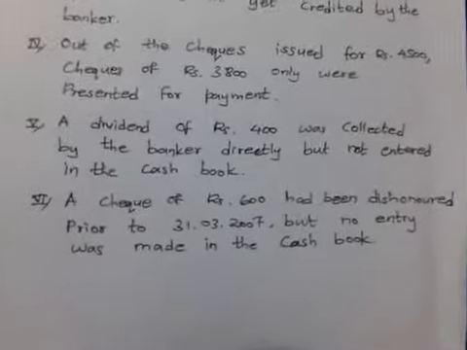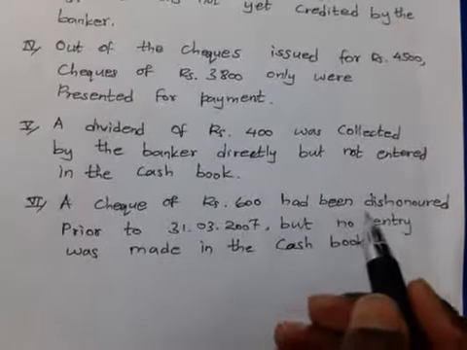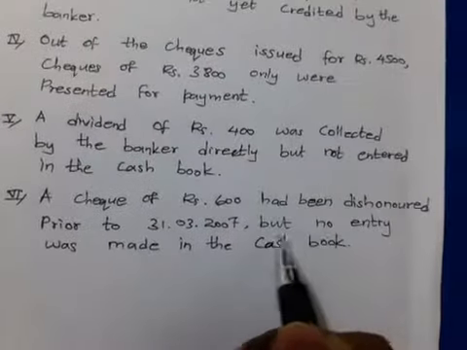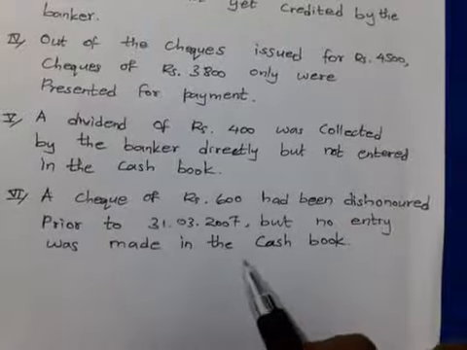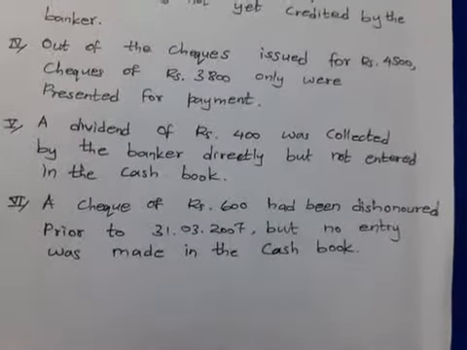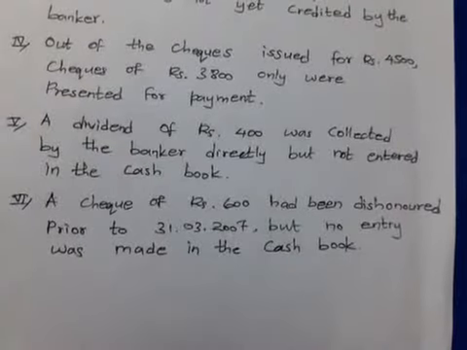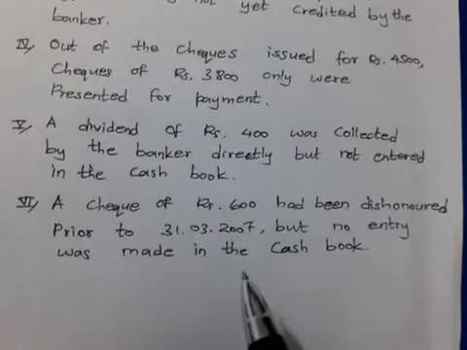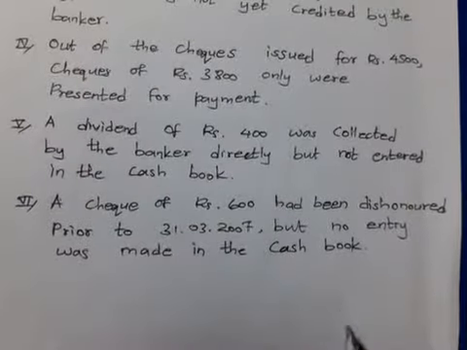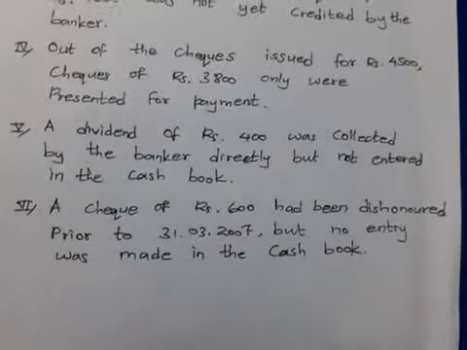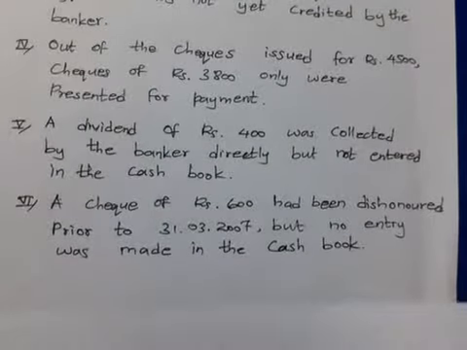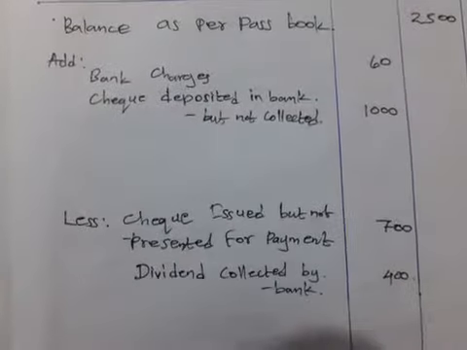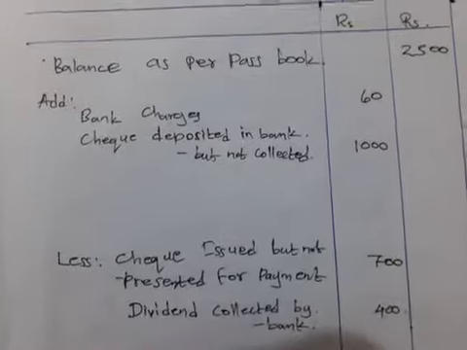The next one is a check of rupees 600 had been dishonored prior to 31st March 2007, but no entry was made in the cashbook. So a check of rupees 600 had been dishonored before 31st March 2007, but till now no entry has been made in the cashbook, though it's recorded in passbook. So we deposited, but it's dishonored.